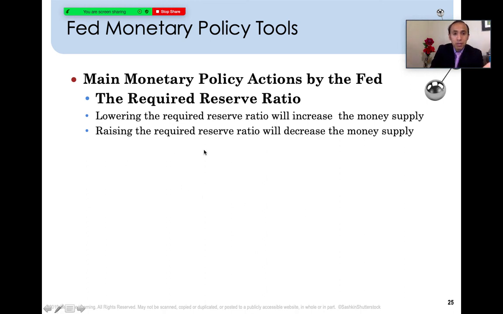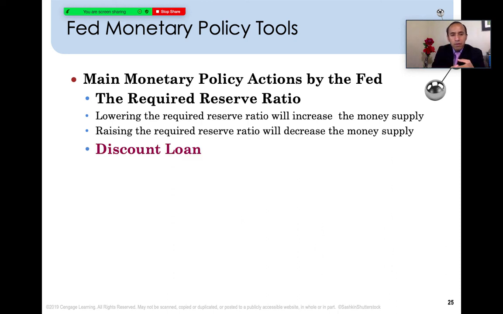Or they can raise the required reserve ratio, and that limits the ability of banks to lend because they have to keep more in their bank vault. So the main policy tools and actions by the Fed is the required reserve ratio, which is actually really low in real life. It's like 2%. And the FDIC guarantees that your deposits are guaranteed up to $250,000.